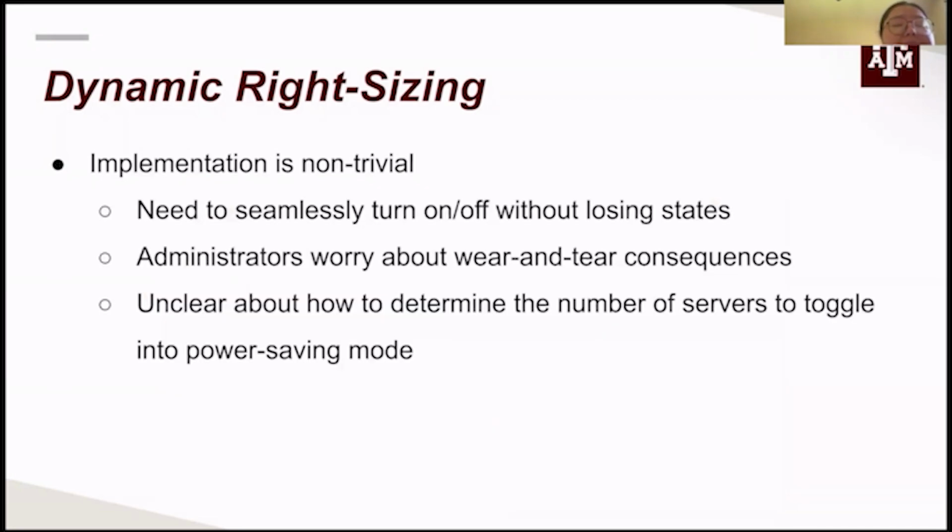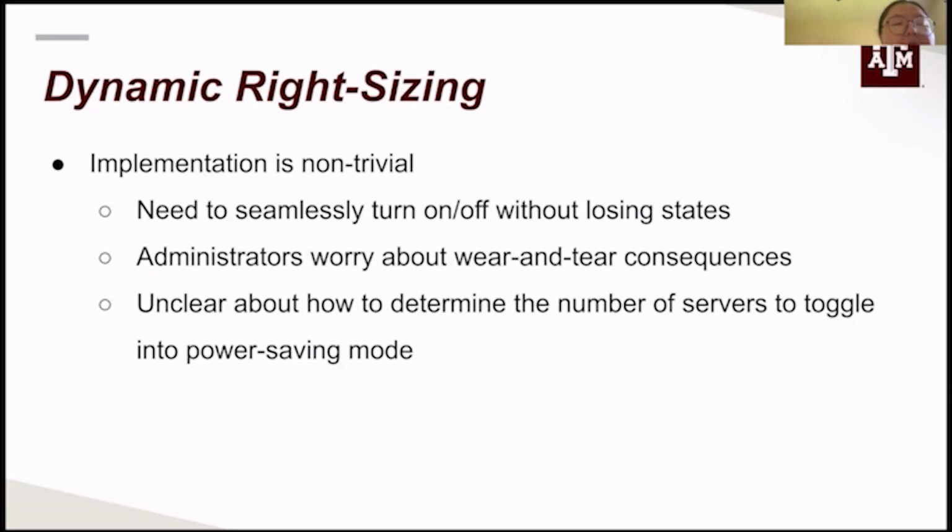Although the idea of dynamic right sizing is relatively simple, the implementation is non-trivial for the following reasons. First of all, we have to come up with a method to seamlessly turn on and off all the servers without losing their states or data, because we know that all the requests and data are distributed among servers. Secondly, the administrators will usually worry about the wear and tear consequences.